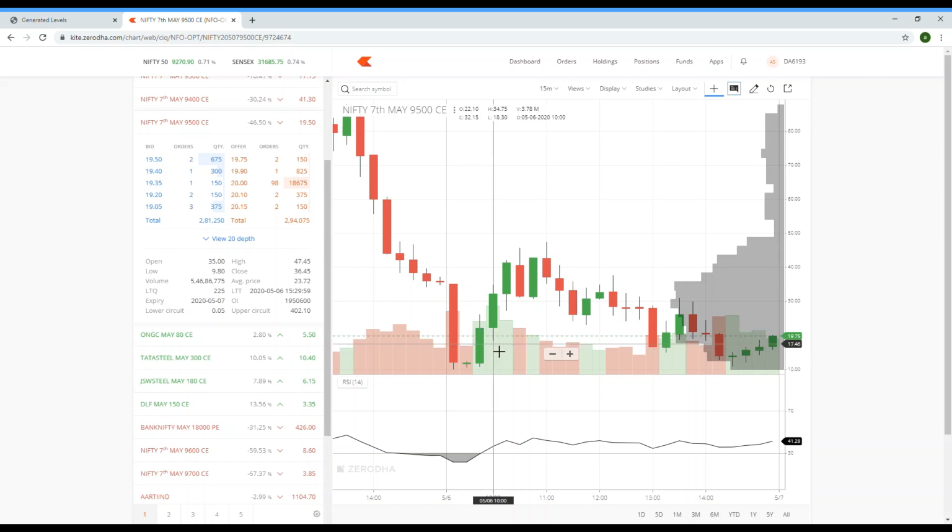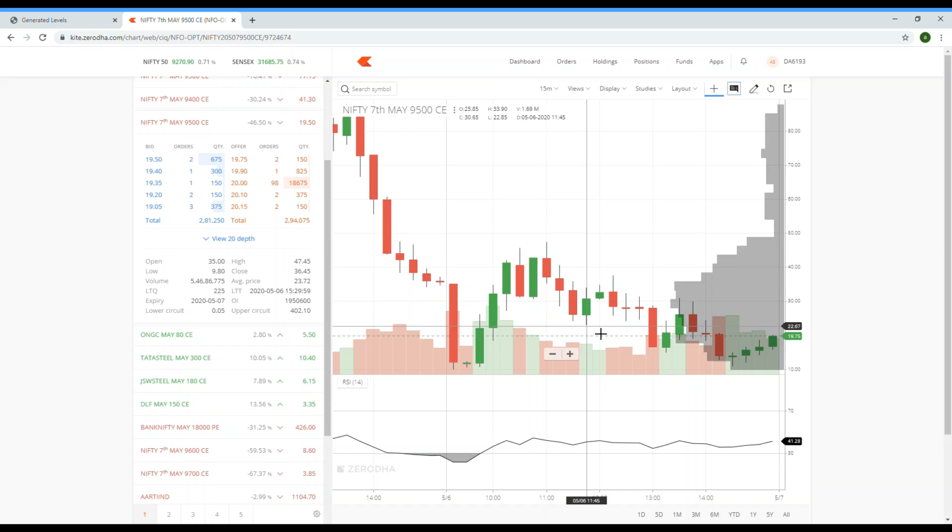So that's when I initiated a trade at 11:49 a.m. at 15 rupees, guys. If you look at 11:49, this option contract was trading around 32 rupees.